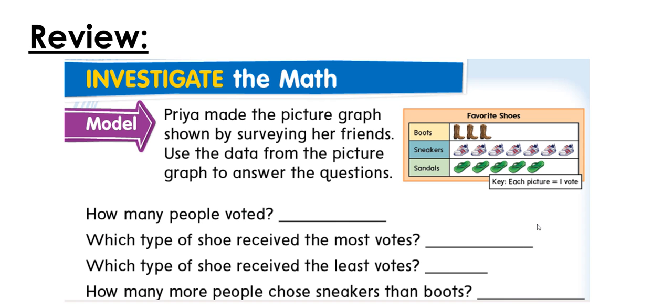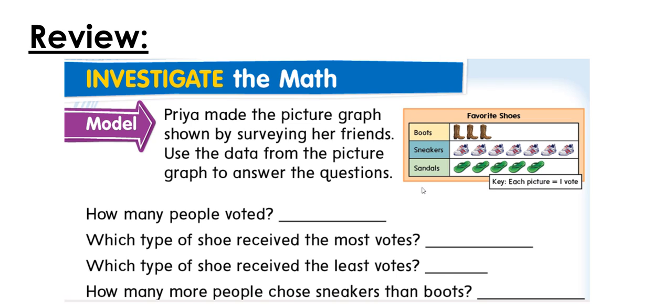So let's review. We have here a picture graph. And the problem says, Priya made the picture graph shown by surveying her friends. Use the data from the picture graph to answer the question.